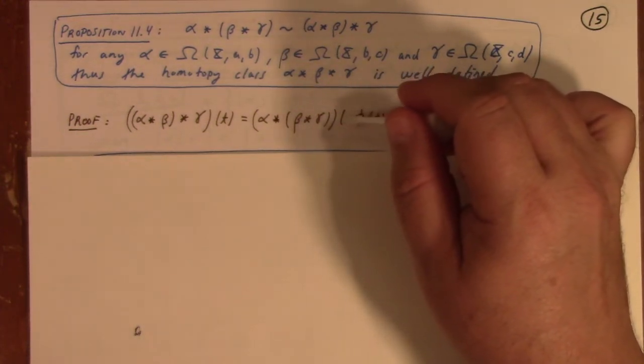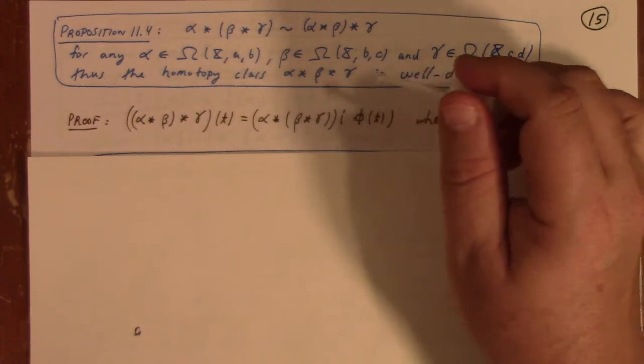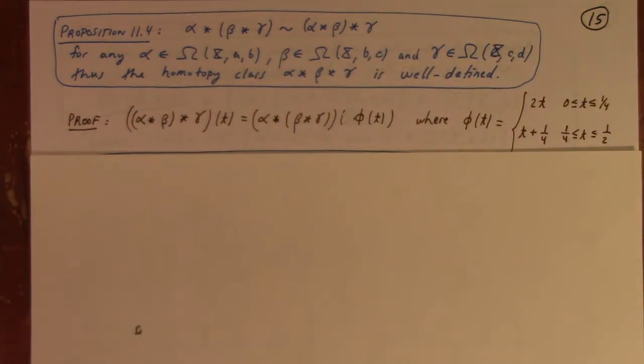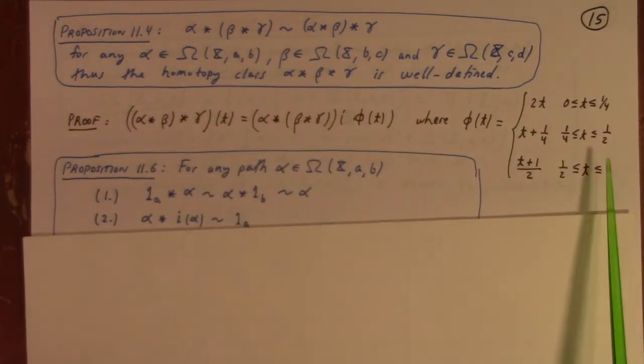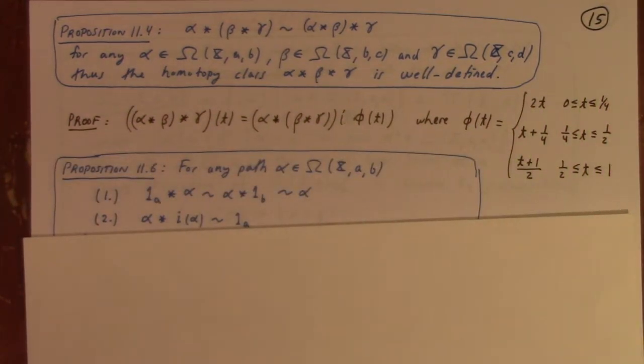The proof is that you can make these two paths equal by just reparameterizing this one according to this particular reparameterization, all right? So that's kind of neat.